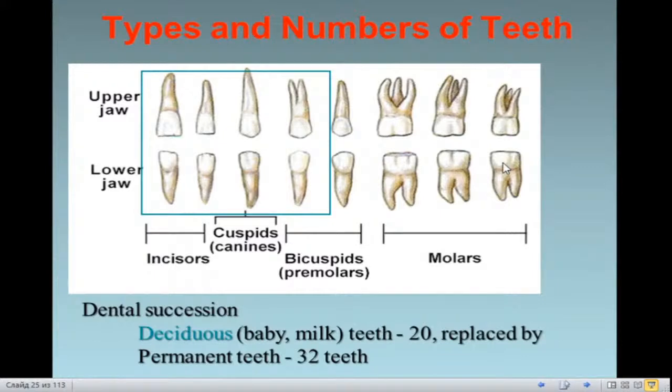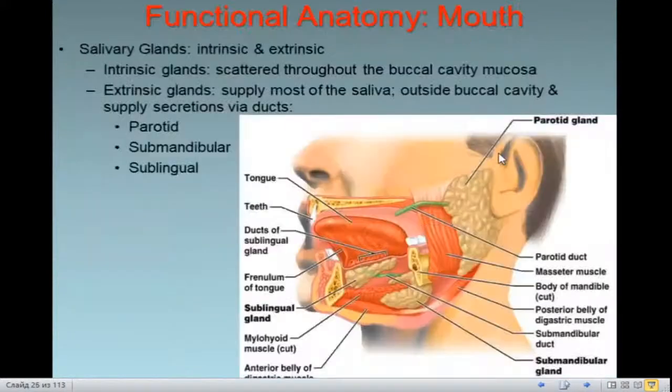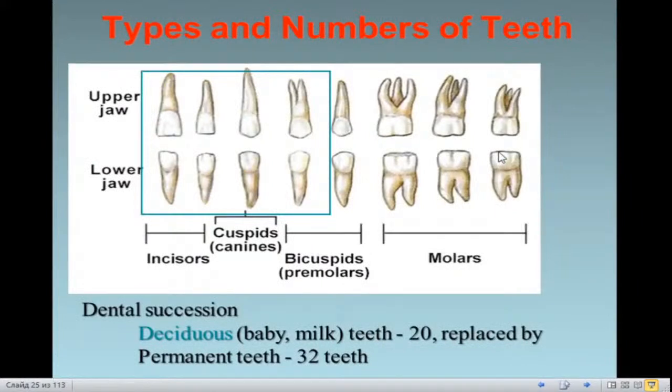So the kids' teeth formula is 2 1 0 2, which is 2 incisors, 1 canine, 0 premolars, and 2 molars, compared to the adult formula 2 1 2 3: 2 incisors, 1 canine, 2 premolars, and 3 molars.